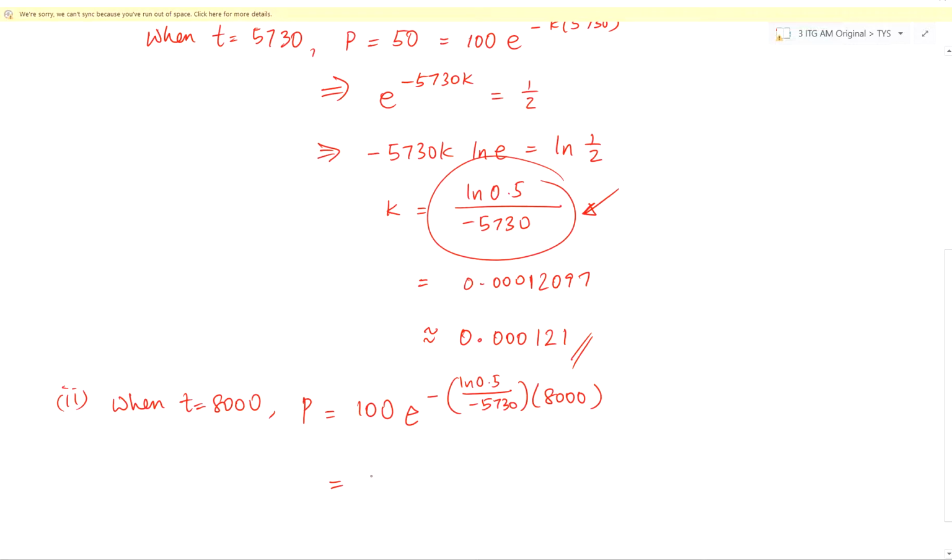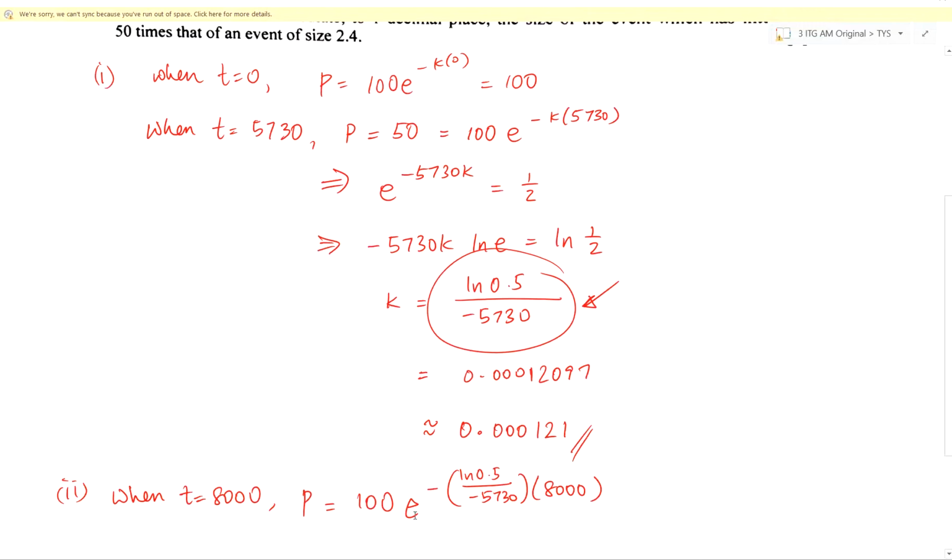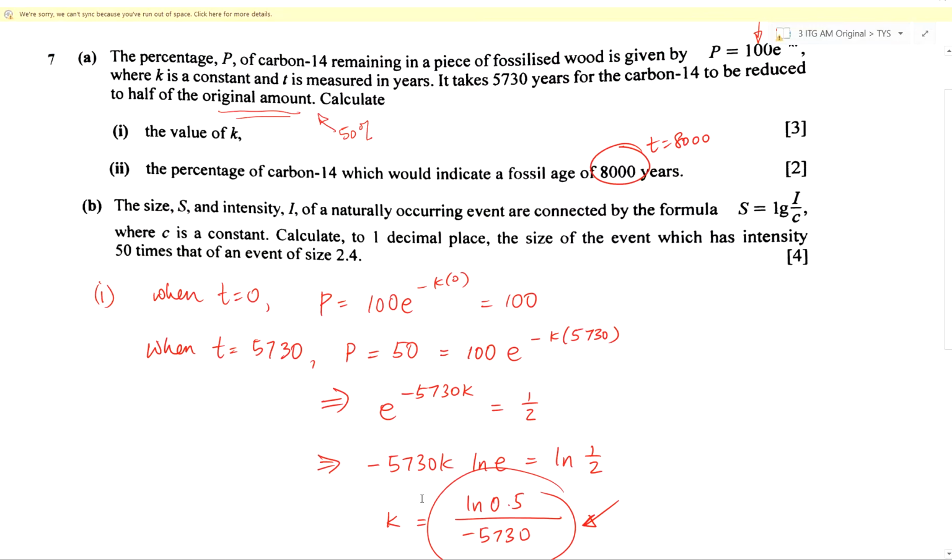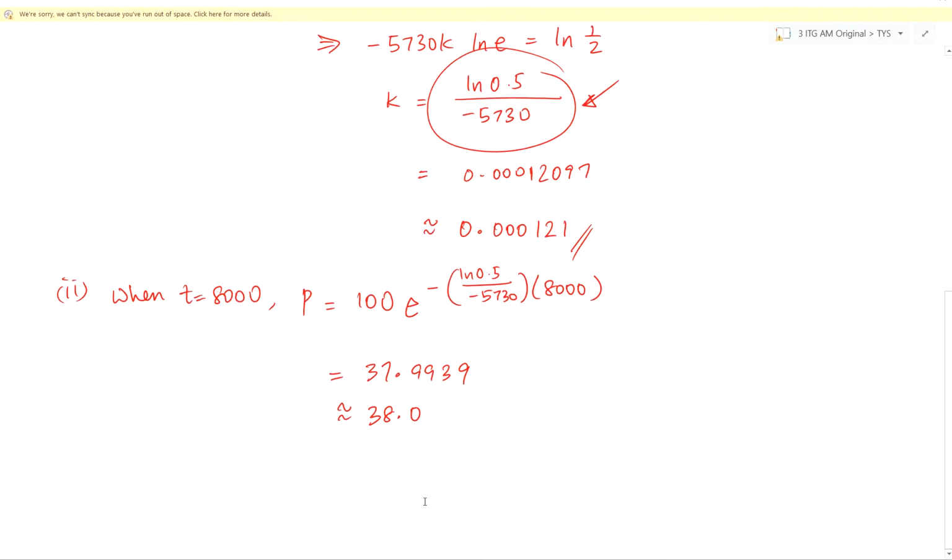So the value that we obtain will be 37.9939. So we round this off to become 38.0. So the percentage would be 38%, to indicate 8,000 years old.